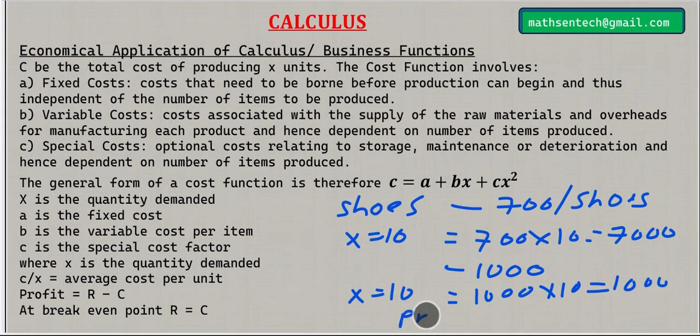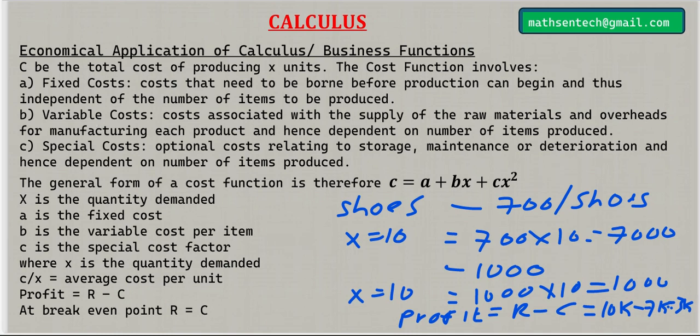Of course, now the profit will be the revenue minus the cost, which is 10,000, 10k minus 7k, which is 3k. So k, of course, I mean 1,000. So it's as simple as that.